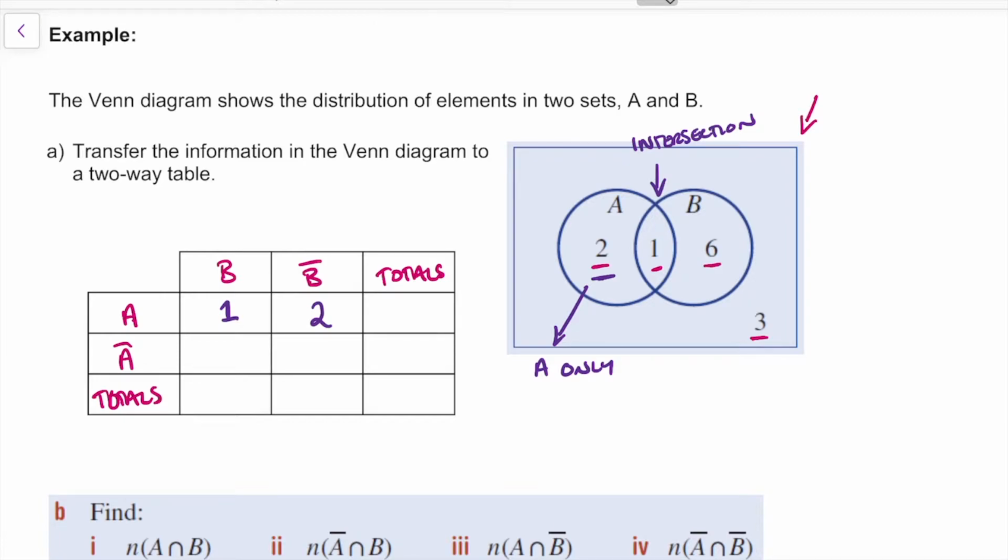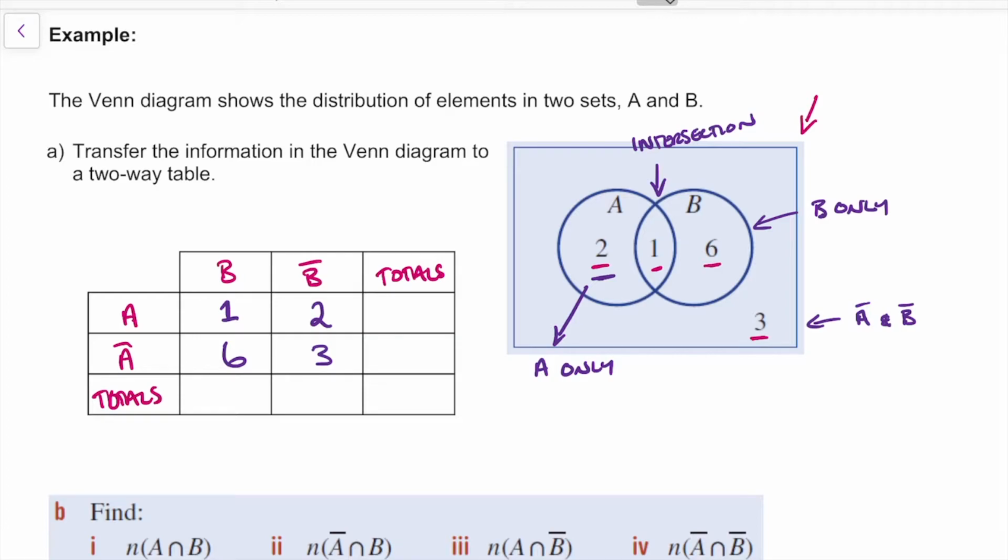Next one down, we've got B only. So there's our B only. B only is 6. And then what's in none of them? So not A and not B is the 3. So that goes in there.